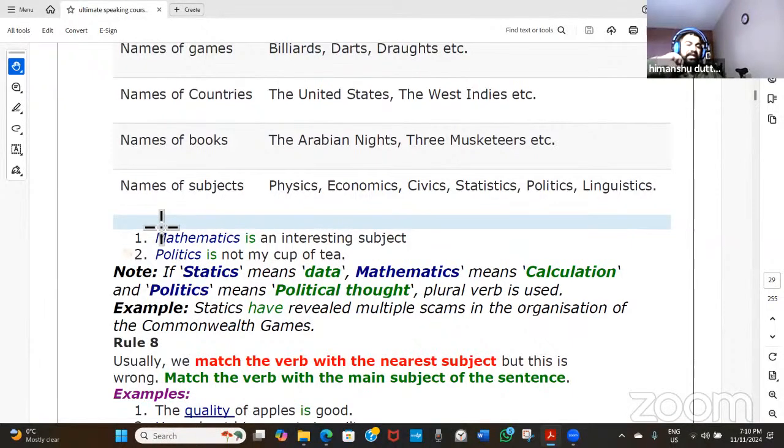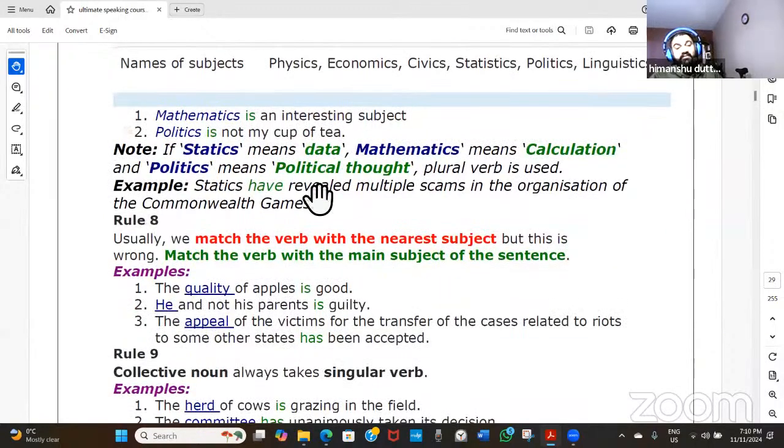If it is like that, statistics is data, and mathematics means calculation. Politics means political thought. A plural verb will be used, like statistics have revealed. In that scenario, if it gives the idea of political thought, politics will also be plural.